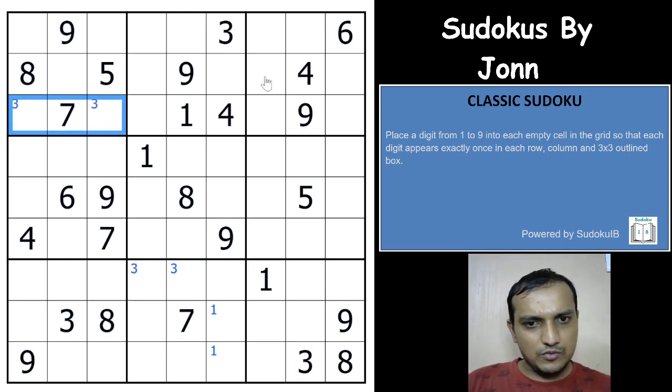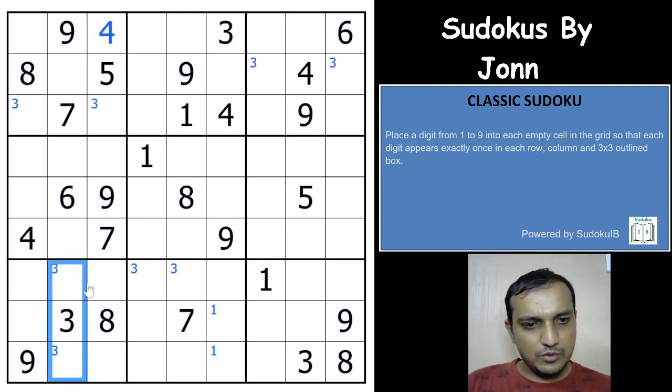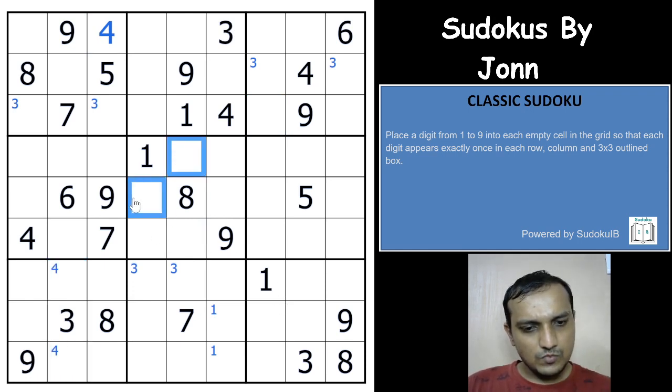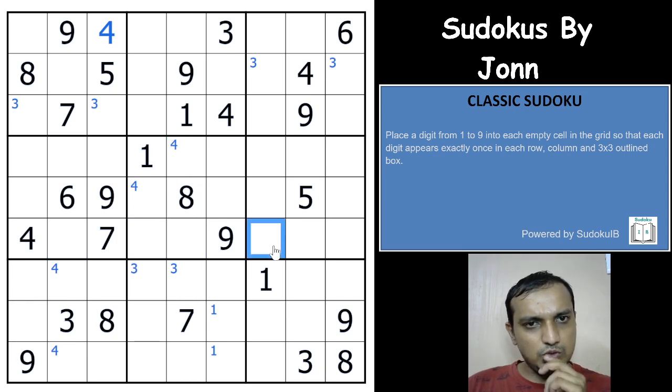3 would have to be in one of these two cells. That gives you 3 in one of these two cells. Okay, right? Nothing with the 3. Is 4. This would have to be a 4 here. 4 would have to be in one of these two cells. Anything else with the 4? 4 is in one of these two cells. Nothing with the 4s. 1, 2 and 6 here.